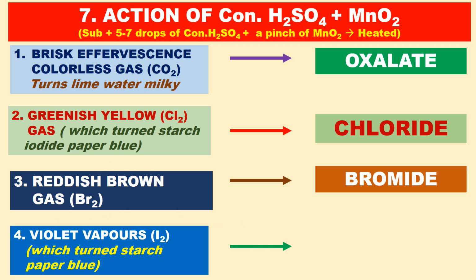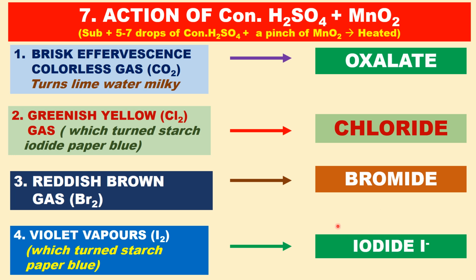Similarly, if your salt is an iodide salt, then I minus is oxidized to iodine, and you dip a strip of filter paper in starch only, and I2 and starch combine to give a deep blue color.